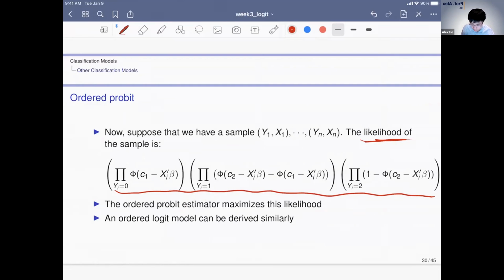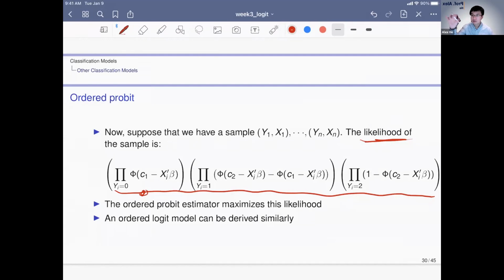I won't go into the details, but I just want you to understand the intuition. Let's say you have these three categories. You take all the observations in the first category, calculate the probability for each of them, and multiply them all together, and then do the same for the second category.